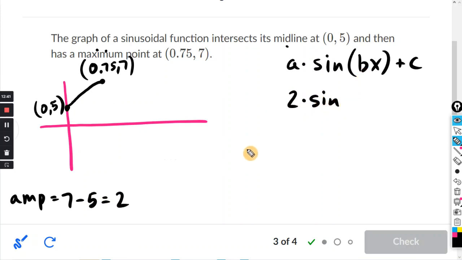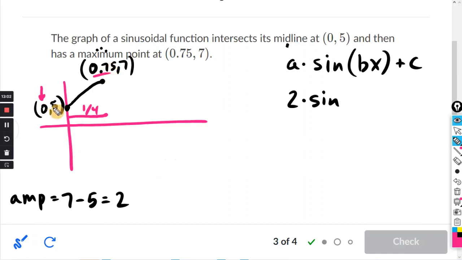And for the period, if you go from midline to max, that's only 1/4 of the period. All right, so from here to here, that's only 1/4 of the period. The horizontal distance goes from 0 to 0.75.